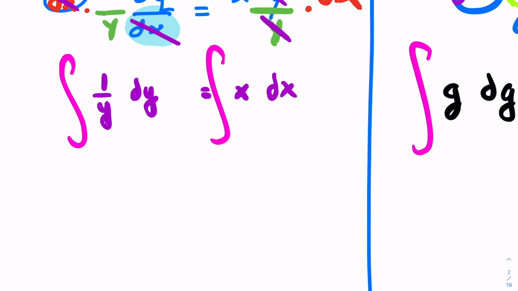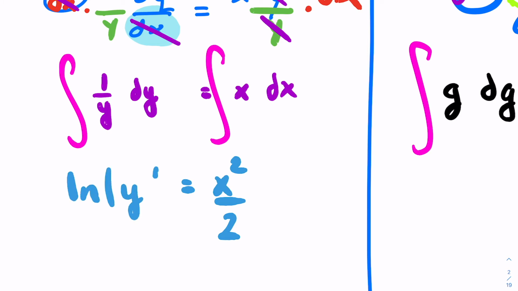The integral, I'll start off on the right-hand side because it's easier. The integral of x is just x squared over 2. The integral of 1 over y, remember, that is the natural log of the absolute value of y. You can't use the power rule there.